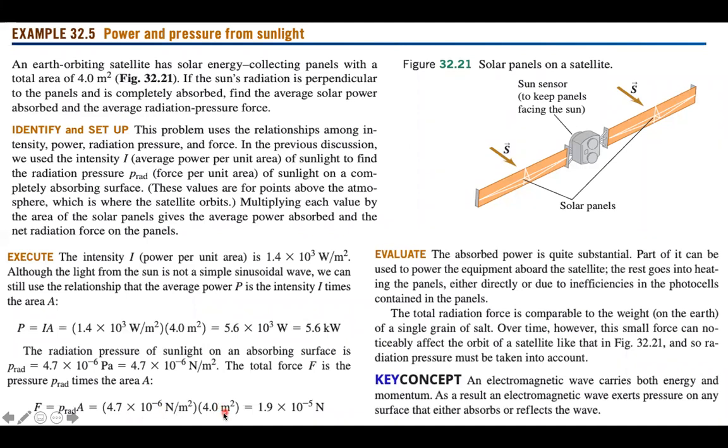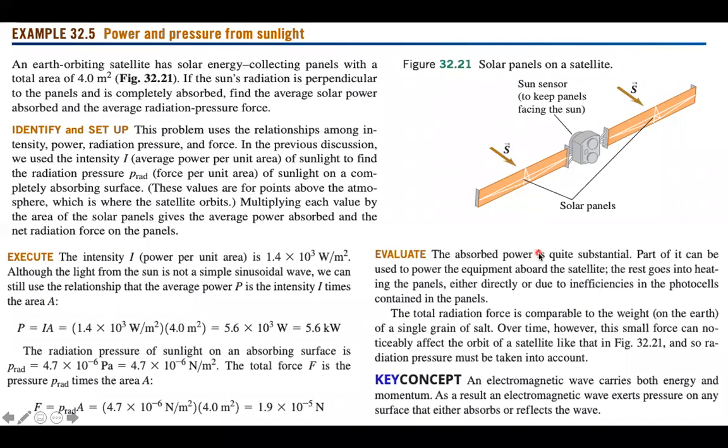And that times the area gives a final number of roughly 2 times 10 to the minus 5 newtons. So even though the pressure is really low, you can actually see an effect. In terms of force, this is going to be a very slow acceleration that the radiation can produce for a satellite on Earth.